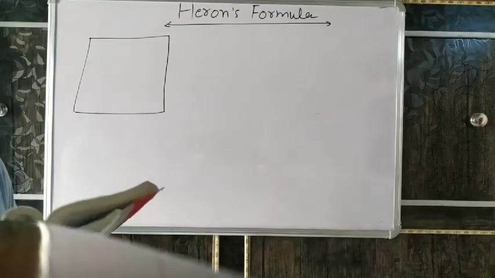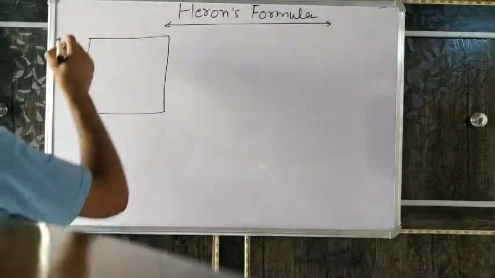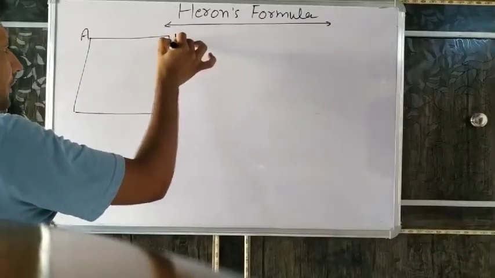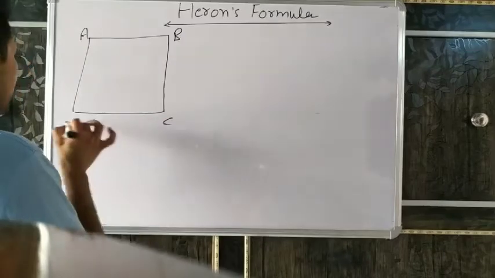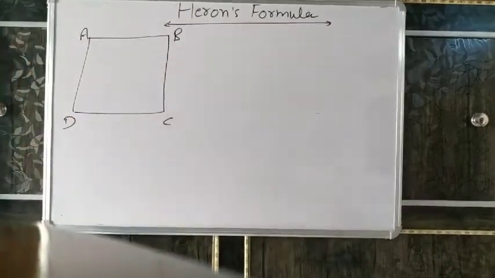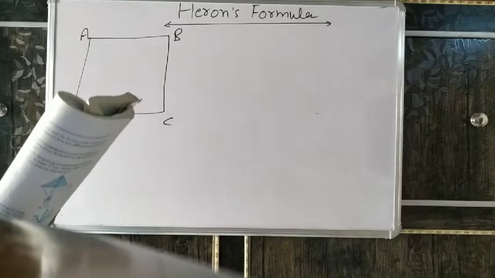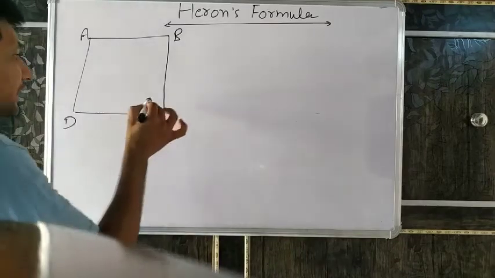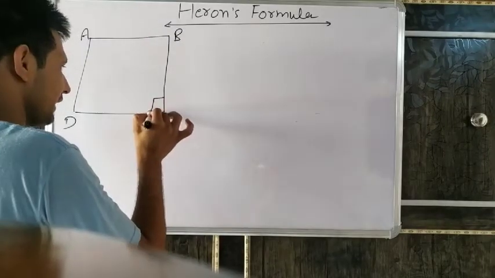Quadrilateral means four sides. And next it is given that angle C is 90 degree.